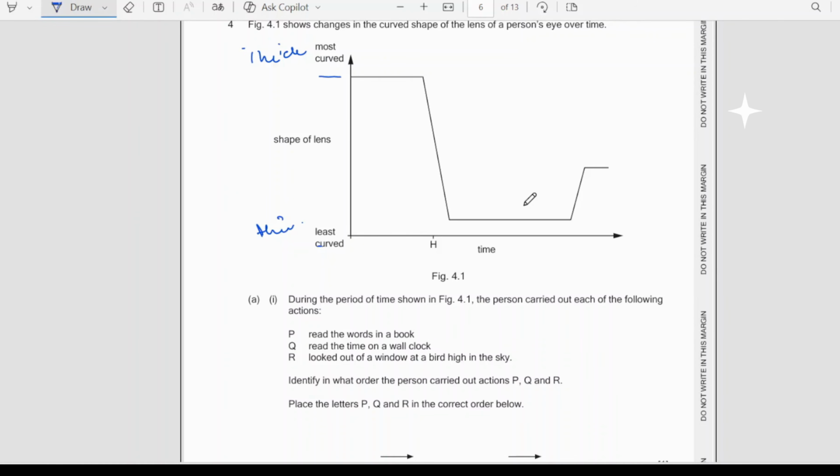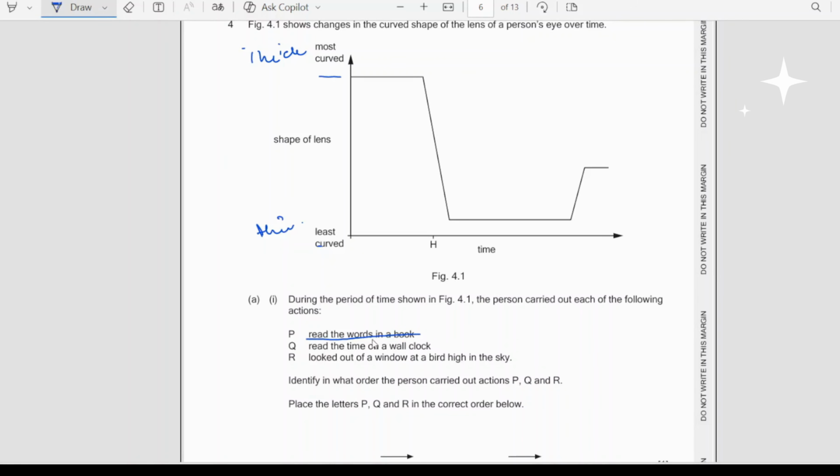Because our eye has to get shortened. I'm giving you a concept, it doesn't actually happen, but it's just a way to learn it. Because the thing is too close to you, so you have to shorten your eye size to read that thing. So let's put this in order.